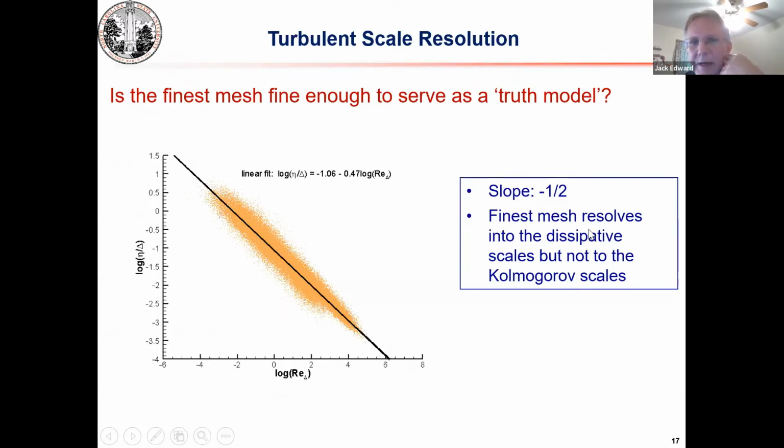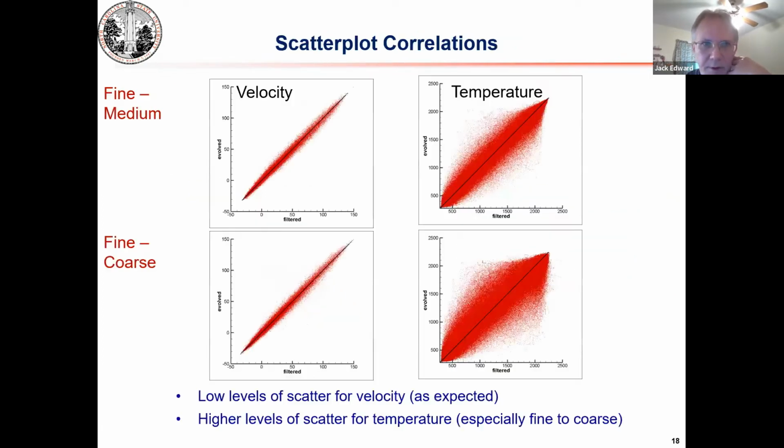So you're catching the outer parts of the dissipative scales, but you're not resolving down into the Kolmogorov scales for this particular problem. So is it a DNS? No, but it's still in the dissipative range. So we assume that this fine mesh LES is going to be fine enough to serve as a reasonable truth model for what we're going to try to discover.